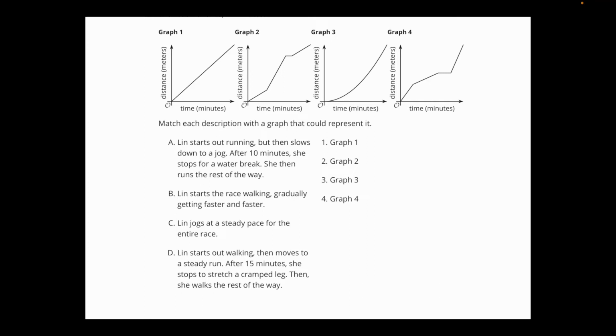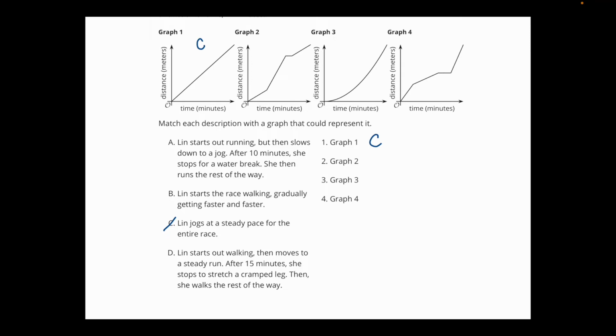So that looks like this one for C. Lynn jogs at a steady pace for the entire race. So C looks like it goes with graph 1. So I'll put a C next to it there. Lynn jogs at a steady pace the entire race. I'm also just going to put a C up here on the graph. So I'll put my letters in both places.